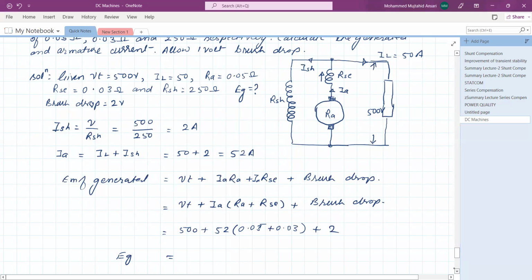So this is equal to 506.16 volt. Okay. So this is the answer of the second numerical.